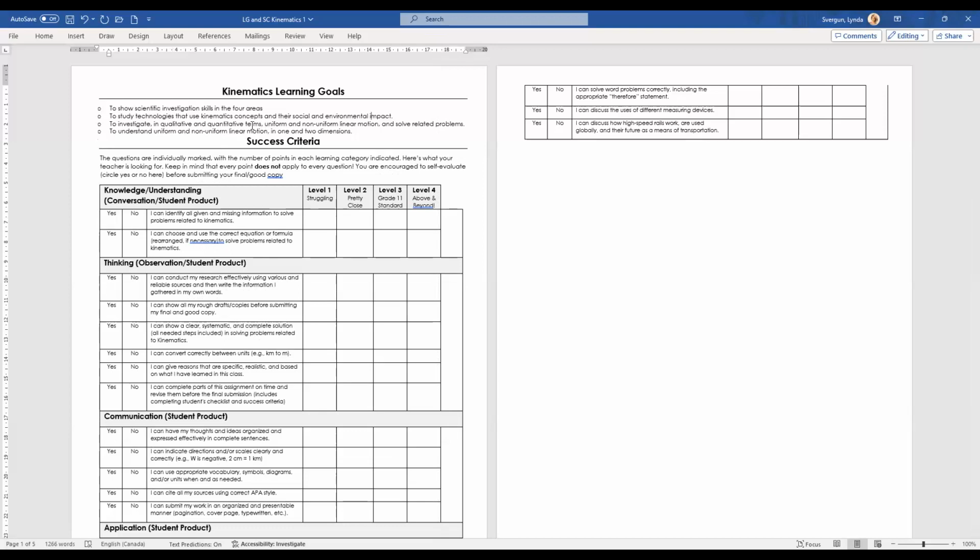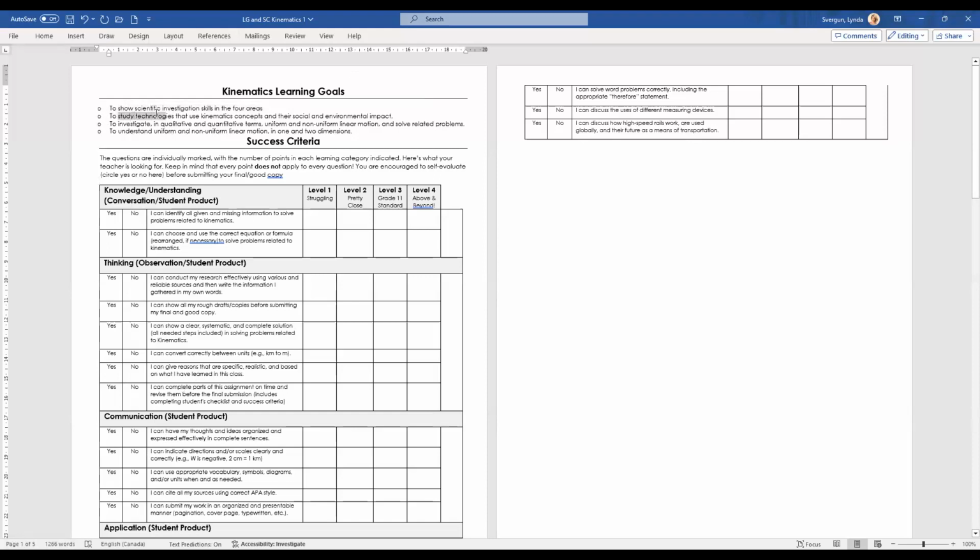So what happens to speed, distance, time when an object moves. In kinematics, we need to use formulas to calculate the unknown. And in dynamics, the next unit, it's why it happens. You need to show, in the 4 areas, knowledge, understanding, thinking, communication, application, that you have an idea what it is about.